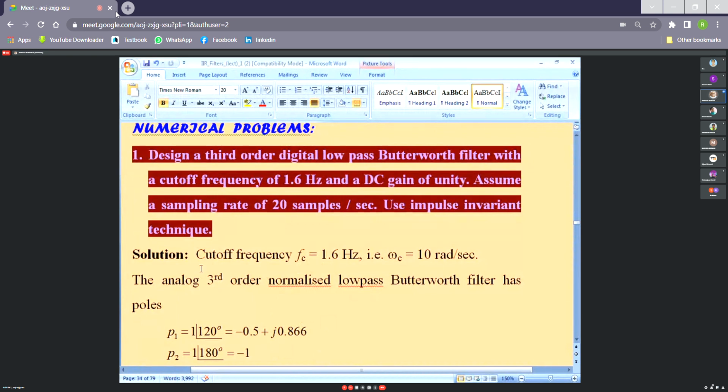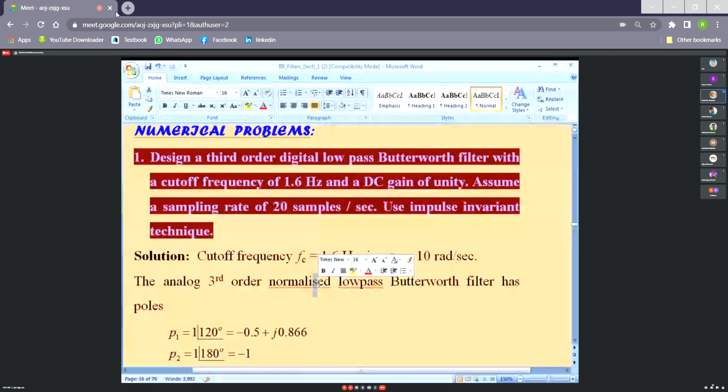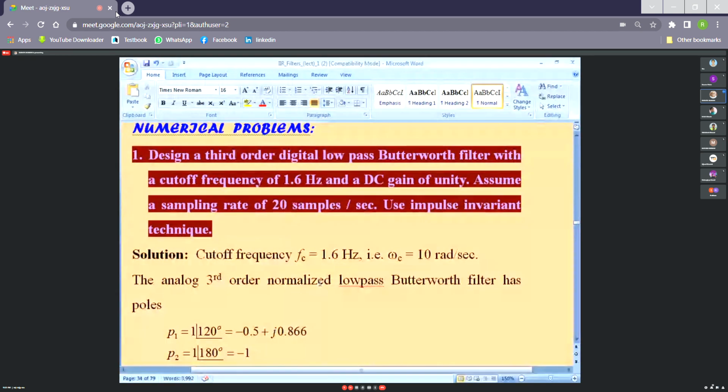Write down this problem, then I'll proceed. If nothing were mentioned about the DC gain, you should have considered it as 1.